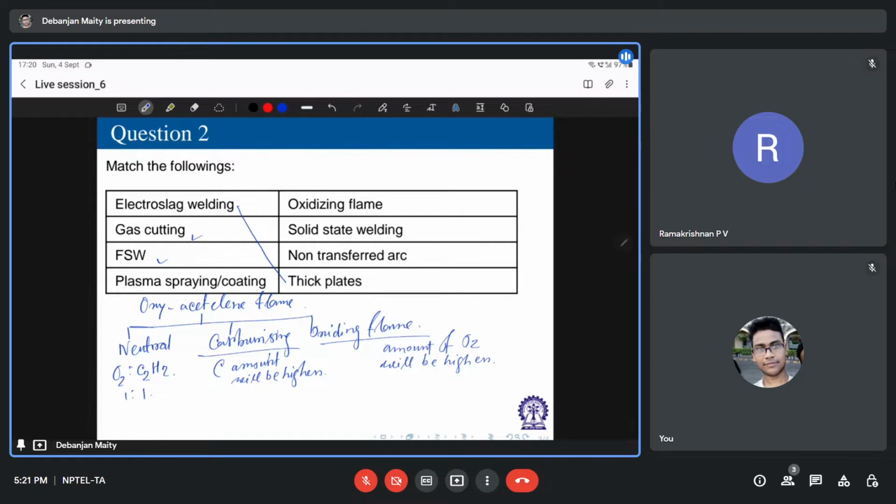Whenever there is a high amount of oxygen, there will be a high temperature, and it is generally used for something called a cutting operation. Now for FSW operation, we all know that this is a solid state kind of welding.